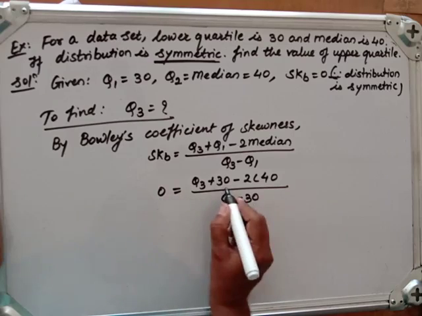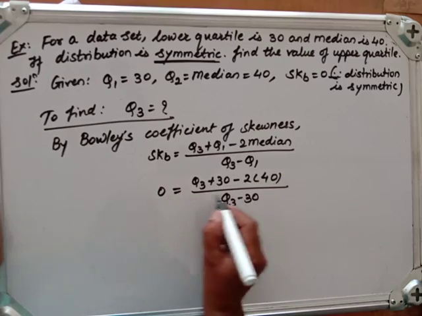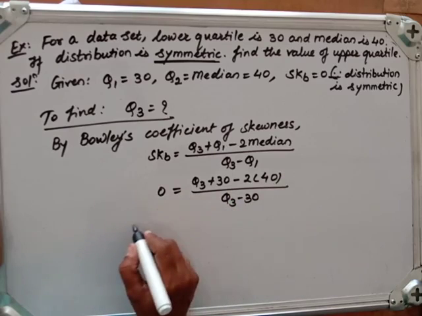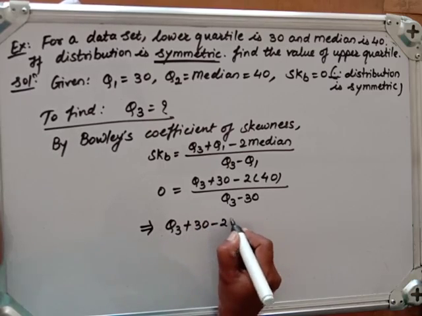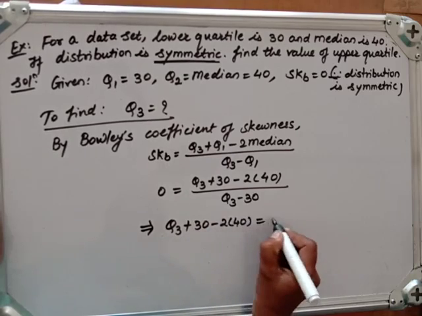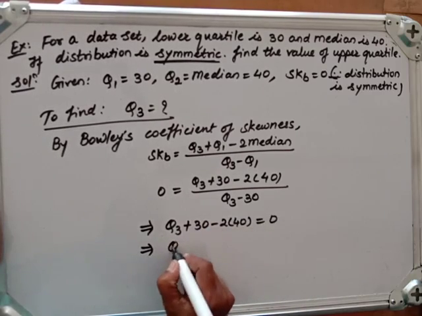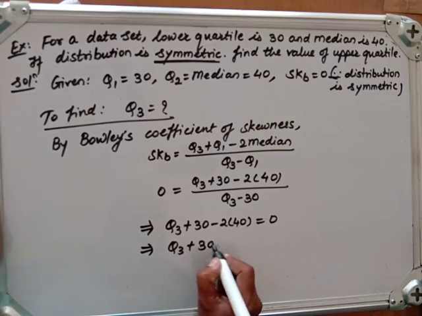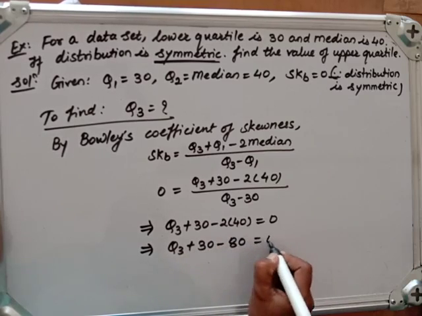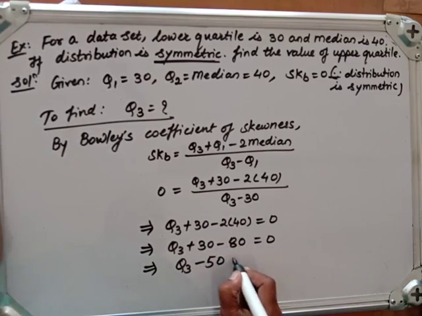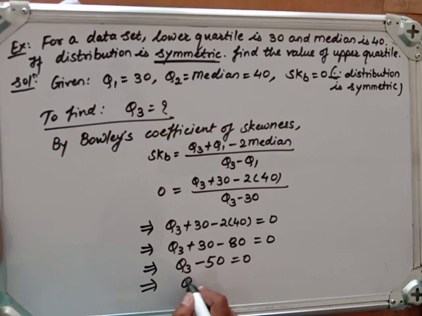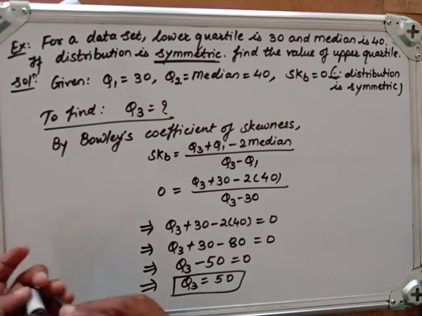Taking this side, it gives 0. So Q3 plus 30 minus 2 times 40 equals 0. So Q3 plus 30 minus 80 equals 0. That is Q3 minus 50 equals 0. So Q3 is equal to 50. This is our result here.